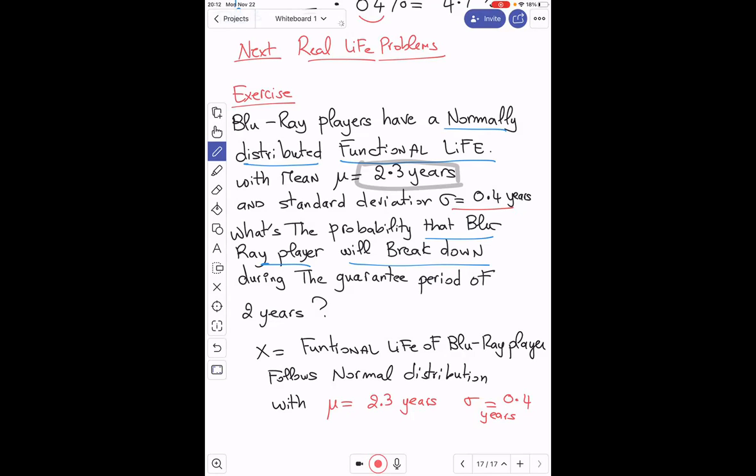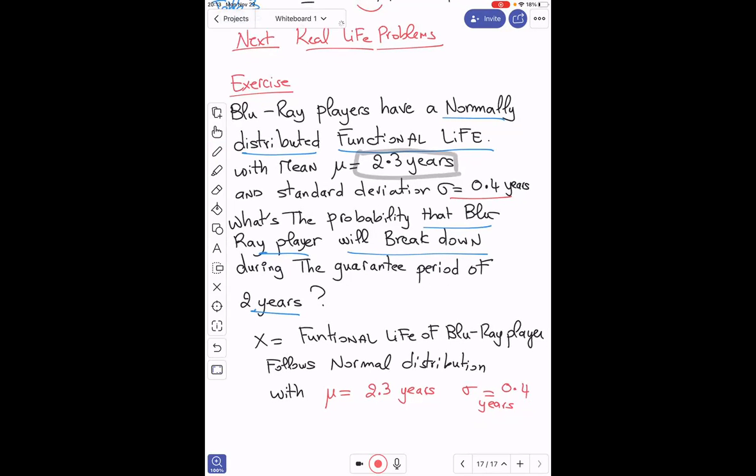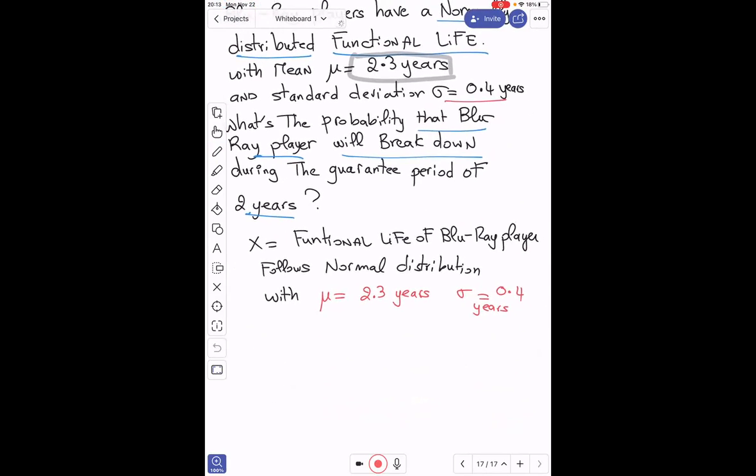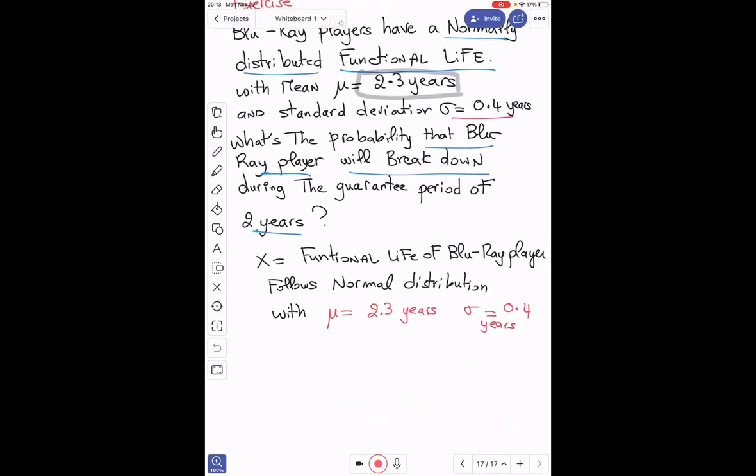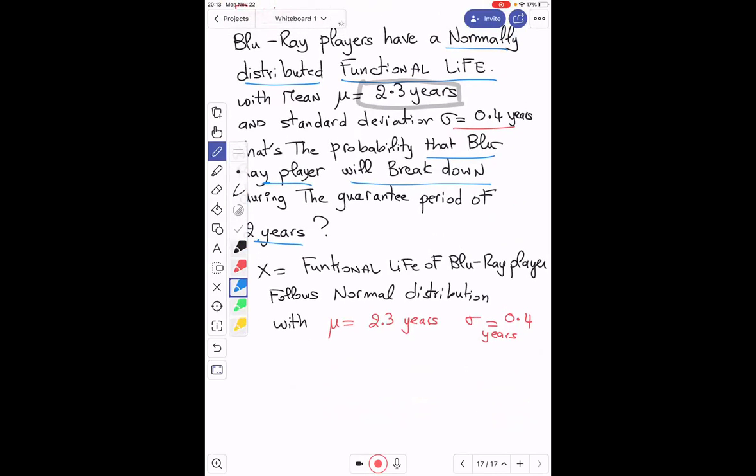That's the guarantee period, right? The guarantee period is 2 years, and you need the probability that the Blu-ray player will break down during the guarantee period. So we need the probability that the functional life of your Blu-ray player is less than 2 years. So the question here is what's the probability that x is less than 2, right?